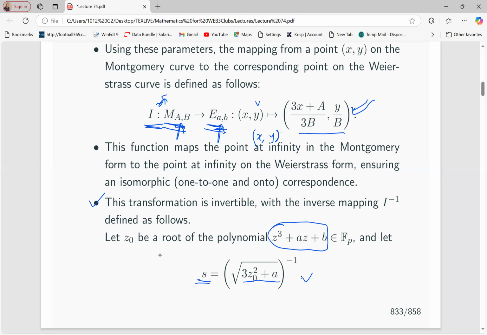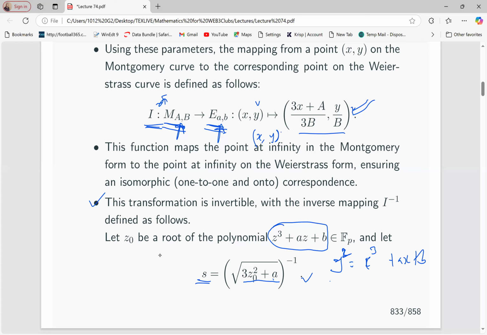You have been given this equation for the short Weierstrass, y squared equals x cubed plus ax plus b, and you've been asked to find points on the Montgomery.